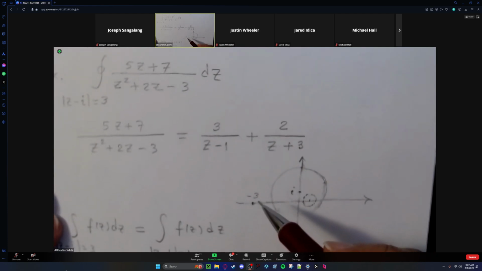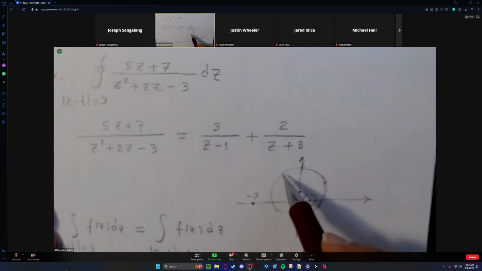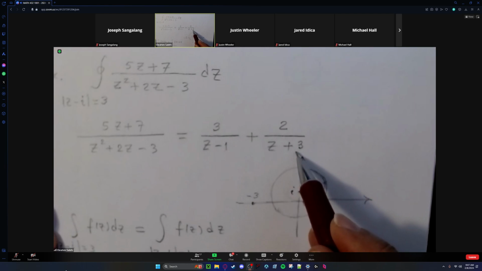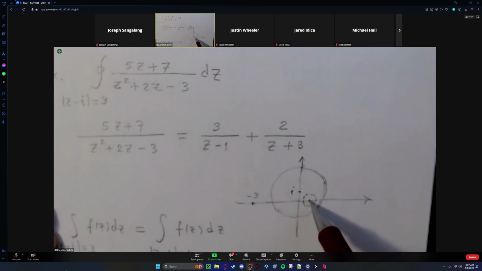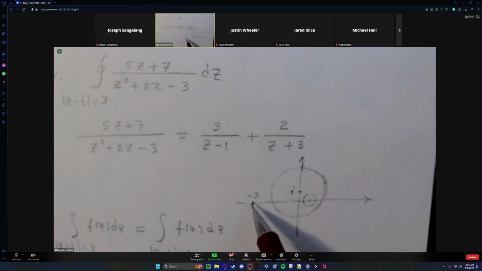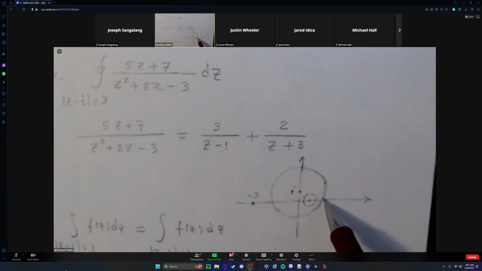We are integrating over this circle of radius 3 centered at i. It misses that point, but this one is inside. I use the fact that the function is a nice function here. This is outside, I don't really care. The integral over the outer boundary is the same as the integral over the inner boundary. Okay?